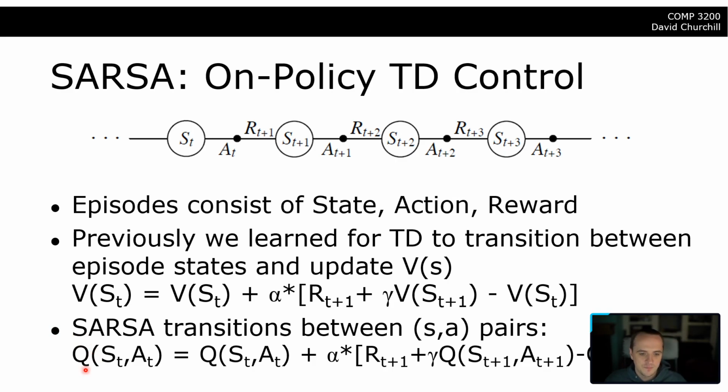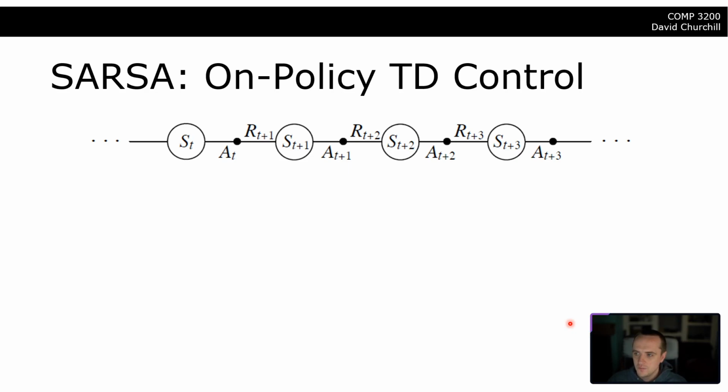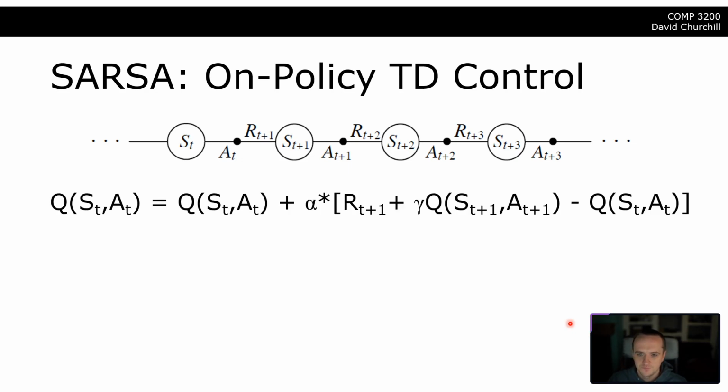It's just saying that the value of a state action pair is equal to the previous value of the state action pair plus alpha times the next reward plus gamma times the value of the next state action pair minus the previous value.